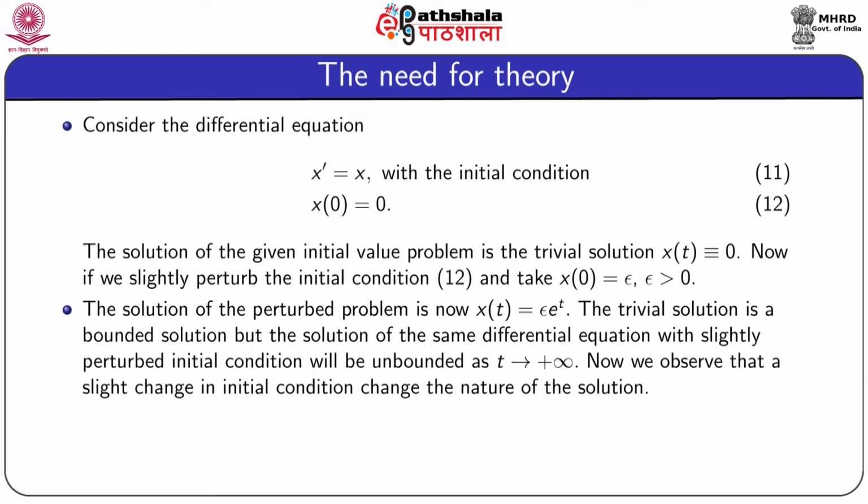So, once again, x(t) equal to 0 is a bounded one, whereas x(t) equal to epsilon times e to the power t, as t tends to plus infinity, tends to infinity, and hence it is an unbounded one. Therefore, a slight change in the initial condition provides a massive change in the final output.